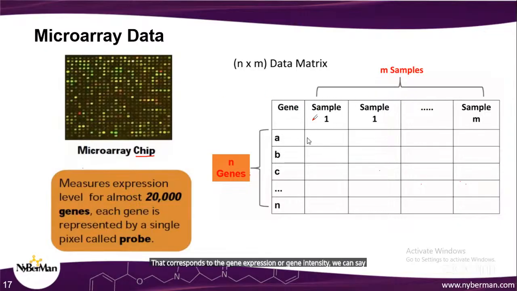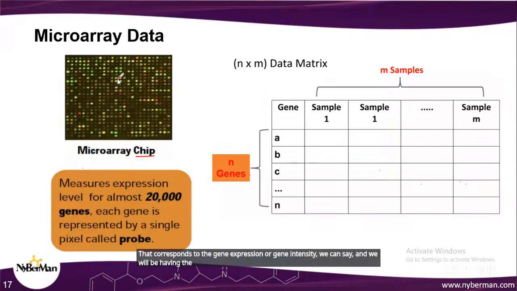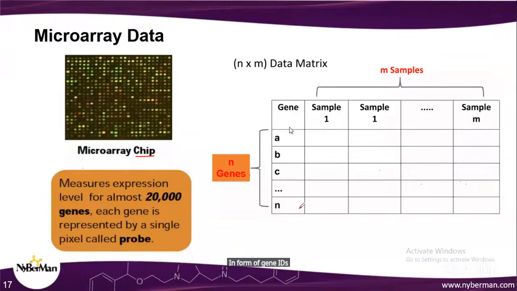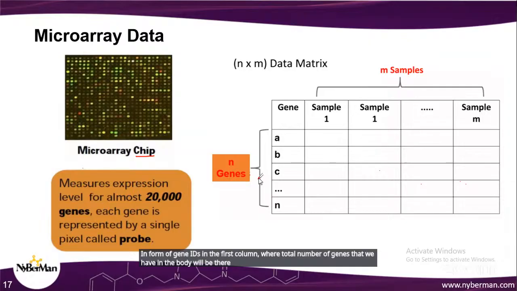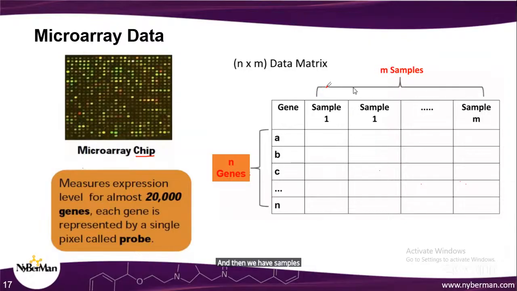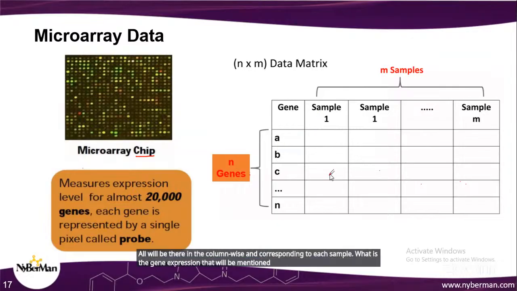The data from this type of analysis, microarray analysis, comes in the form of gene IDs in the first column, where the total number of genes in the body will be there based on the organism. And then we have samples. Whatever number of samples are in your data set, all will be there column wise, and corresponding to each sample, the gene expression will be mentioned in matrix format.